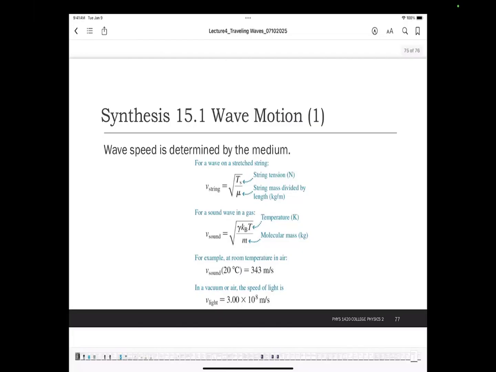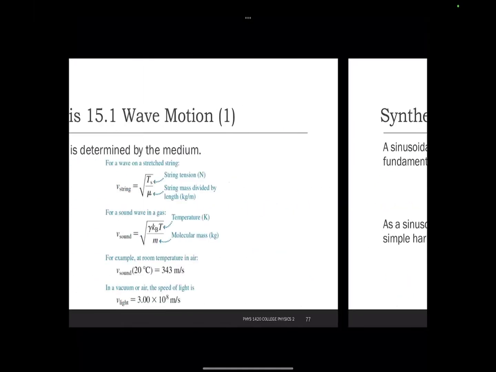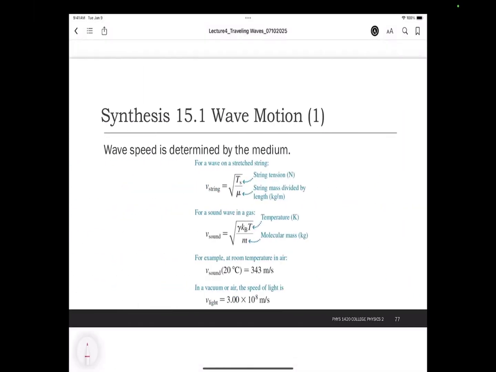Just remember, the wave speed is only determined by the medium, not the initial force or anything else. For a wave on a stretched spring, the velocity is determined by the string tension and the string mass divided by length. We call it the linear density. Do you remember that?